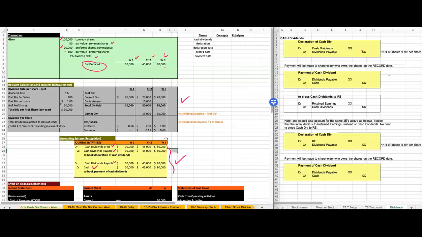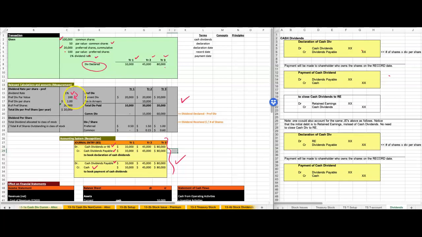So you have to actually go through the process of allocating the dividend each year, and you start with a dividend rate of 1%, and you apply the 1% against the par value of the preferred shareholders. And by the way, you're going to pay the preferred shareholders first. That's the whole reason of it being preferred. You have a preference over dividends. They go first.